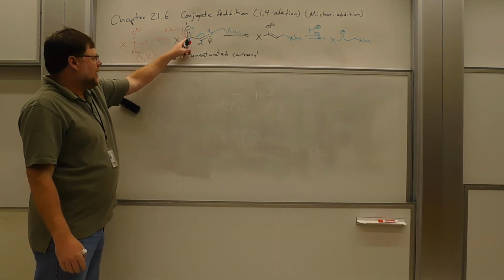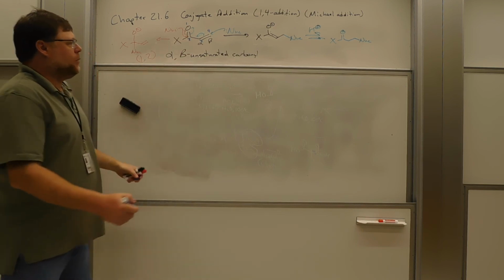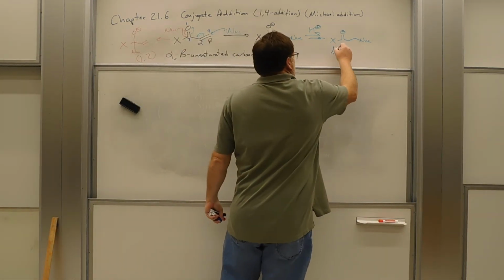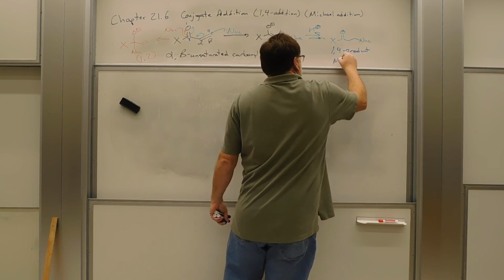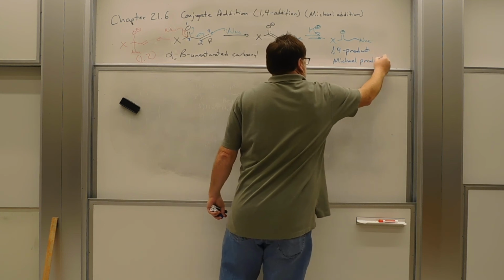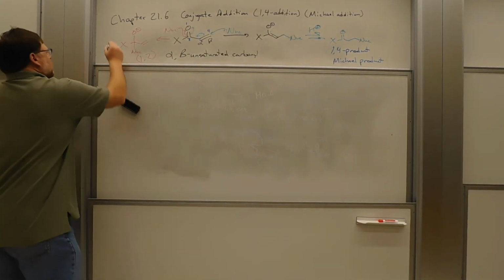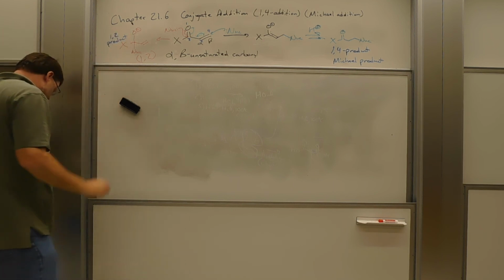If the nucleophile adds to the carbonyl carbon, that's 1,2. All right, so we might refer to this as either the 1,4 product or the Michael product. You're going to see a lot of different words used here. And this over here would be the 1,2 product. This is the normal addition to a carbonyl product.